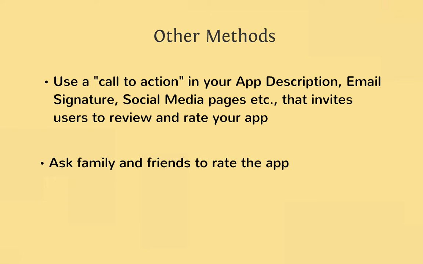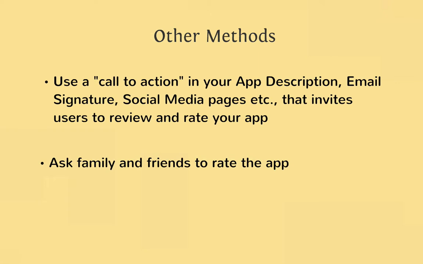I would only ever advise you to do this when you first have launched the app or when you've just released a major update. And I would only do maybe 5 to 10 reviews from family and friends. Beyond that, your users will use your App Rater component, and then that will take care of it.